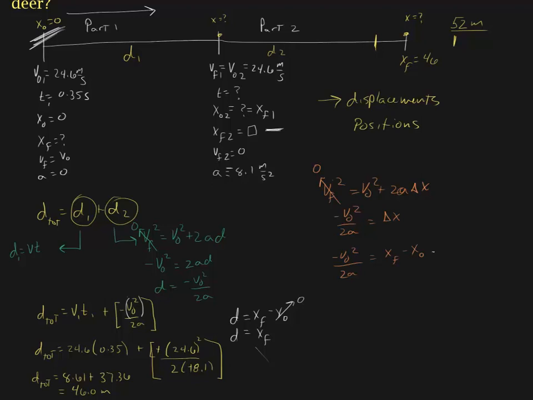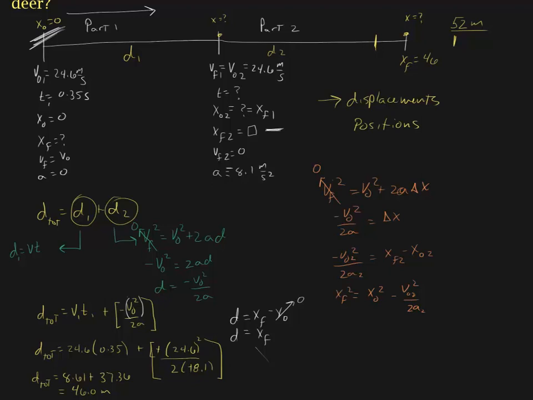And this is all for part 2, so let's put these subscripts in now before we get lost. X initial 2, X final 2, A2, and V initial 2. So we're going to move X initial 2 to the other side. It is a non-zero number, and so we get X final 2 is equal to X initial 2 minus V initial 2 squared over 2A for part 2.